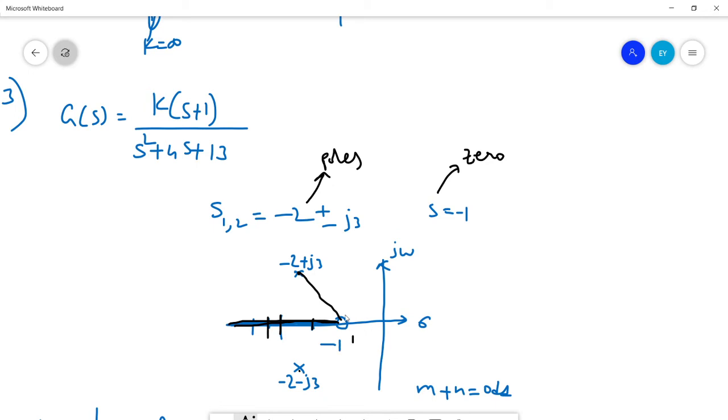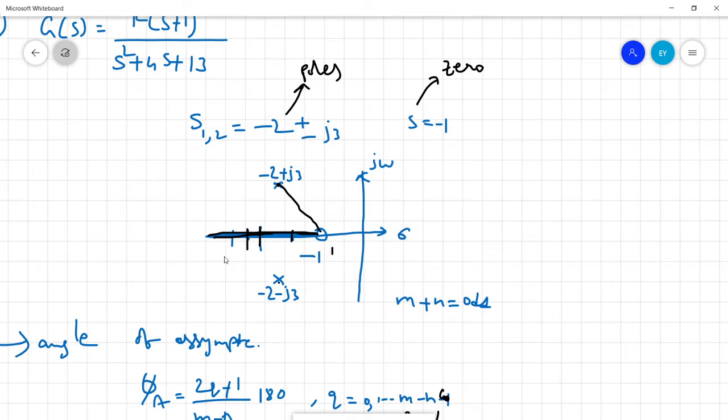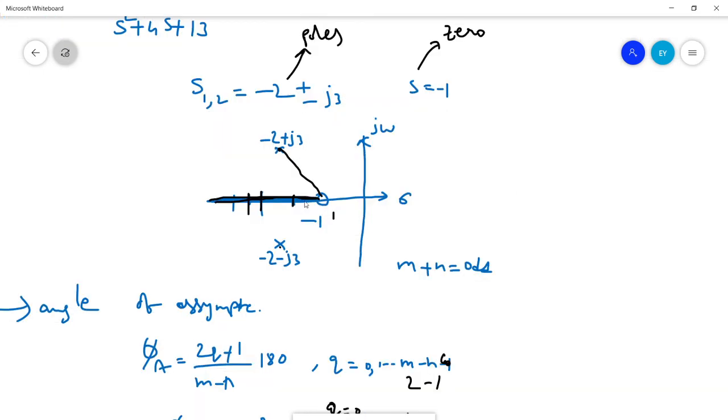At -1, we have a zero here, and we have complex conjugate poles here: -2 + 3j and -2 - 3j, right?